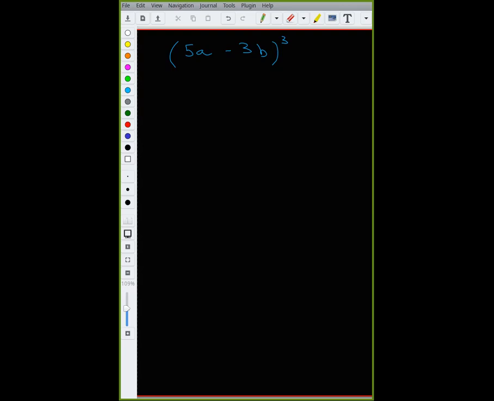Do you have a doubt? Solve it quickly. 5a minus 3b, the whole thing squared. The whole thing cubed.